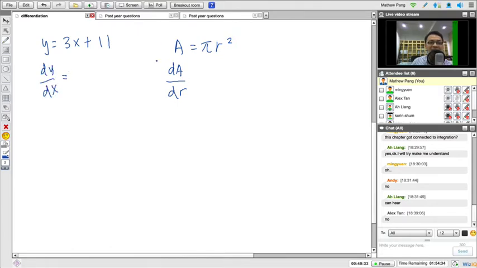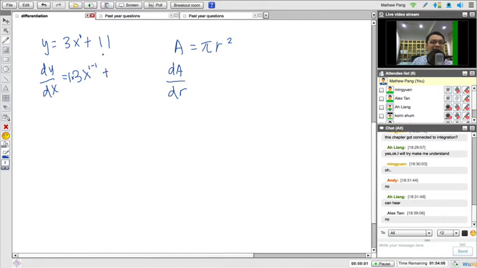Alright, so you have to understand, if you differentiate 3x, you will straight away get 3. But why? Because this is power 1, right? Just now I said you move the power in front and then the power is minus 1. So if I move the 1 in front, I will get 1 multiplied by 3, and then x will be power 1 minus 1, which is power 0.